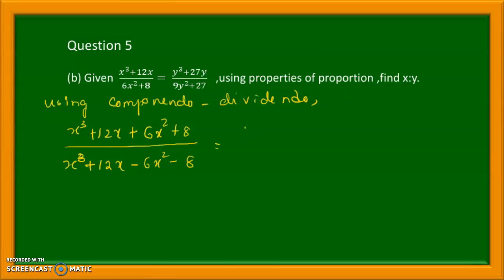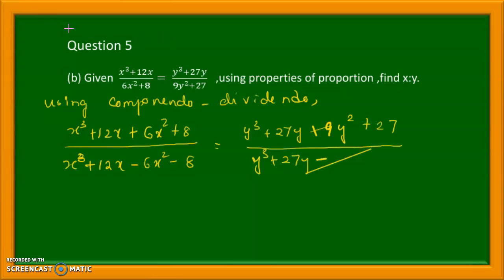Similarly on the other side, you will get y cube plus 27y plus 9y square plus 27, whole divided by y cube plus 27y minus 9y square minus 27 here.